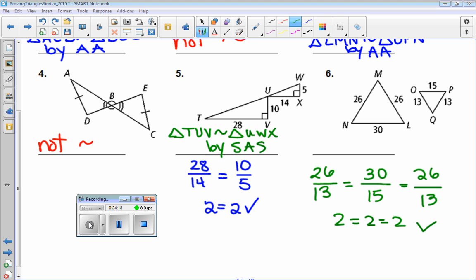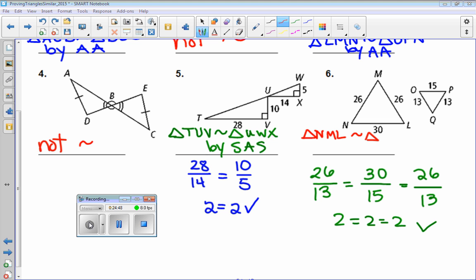All right, so the sides are proportional, so let's write our statement here. I know that triangle NML is similar to triangle. We have to be careful here. One's upside down. All right, Sharia, what do you think? What does N correspond to in the other triangle? O would work.